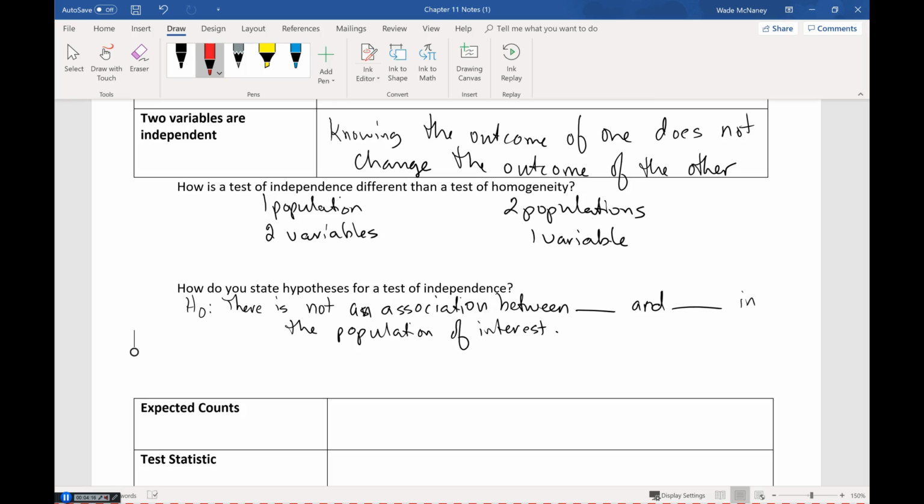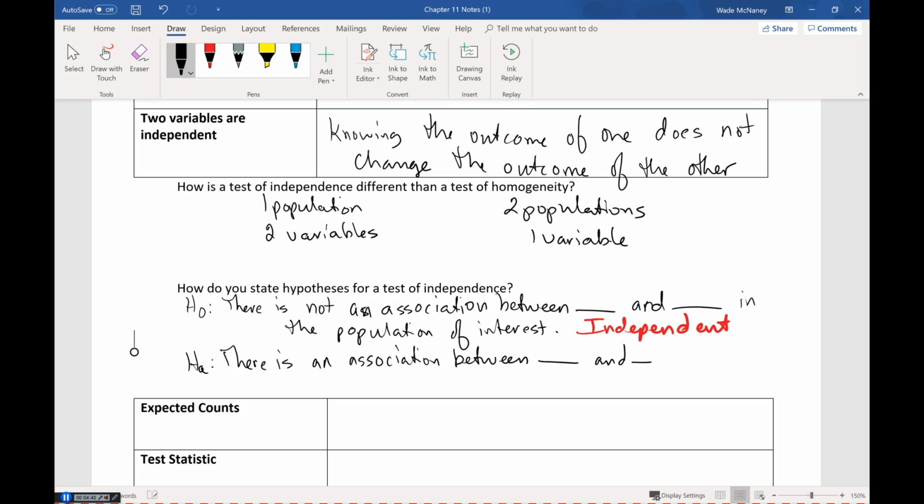So what does that mean is true about those two variables? They're independent. So then the alternative hypothesis would be there is an association between blank and blank in the population of interest.